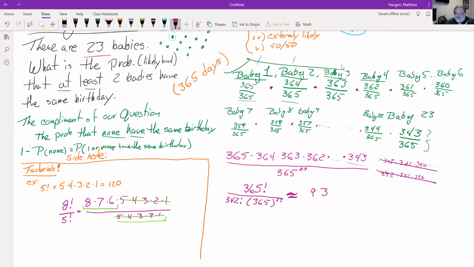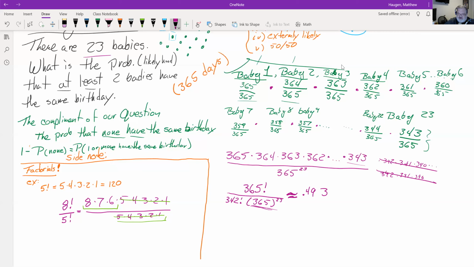And hopefully it's not too surprising that this number is less than 1. You've got all these 23 365s down here, so that's going to make a fairly large denominator. You've got these numerators up here that are all a little bit less than that. There are 23 of them.